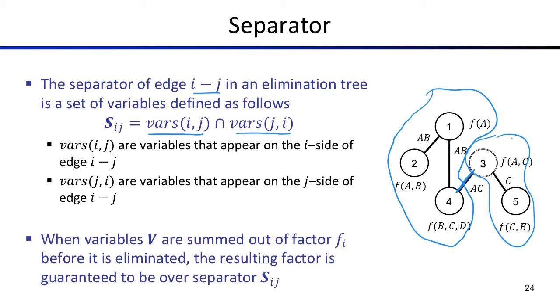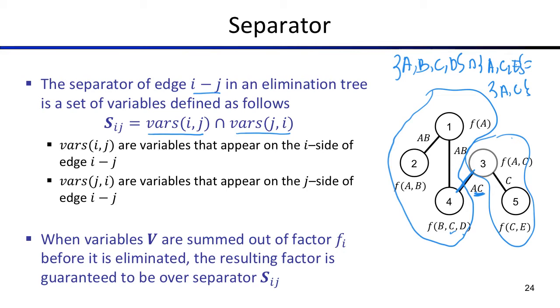On this side we have a, b, and also c and d. So we have these four variables, in intersection with a, c, and e. And that's going to be equal to a and c. That is exactly what is happening here.